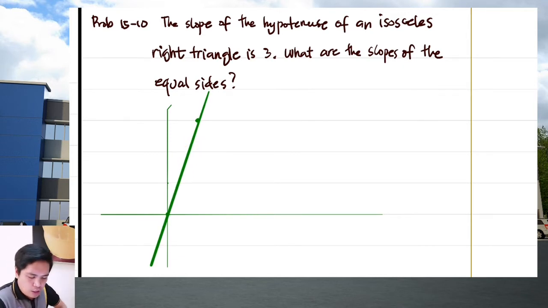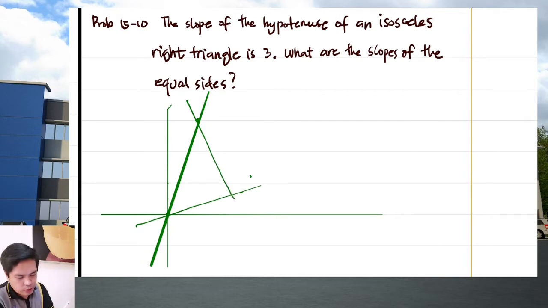So if it's an isosceles right triangle, that means two sides are equal. So if two sides are equal, two angles are also equal. Okay? So if it's a right triangle, it's probably like this. Anyway, this is not drawn accurately.